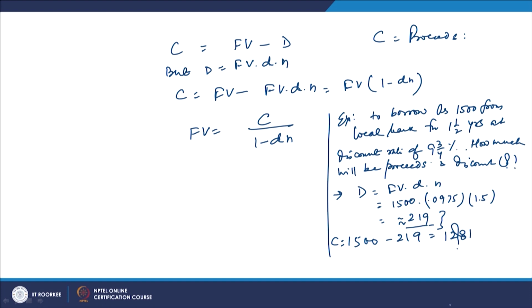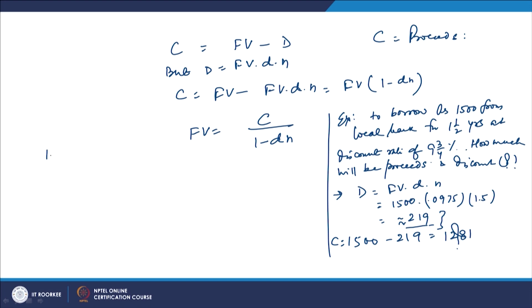Now you may also need to find the discount term and the discount rate. From the same expressions, if you have to find the discount rate, you have to find d from here. So 1 minus dn will be C by FV.